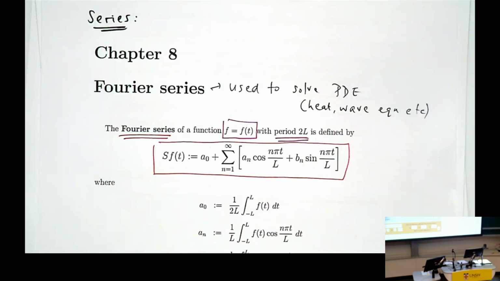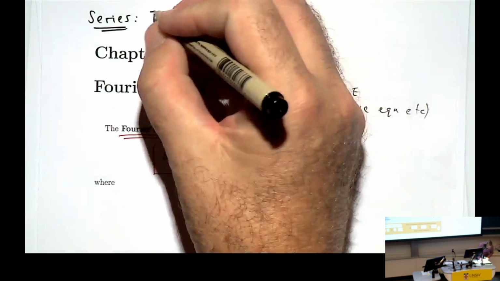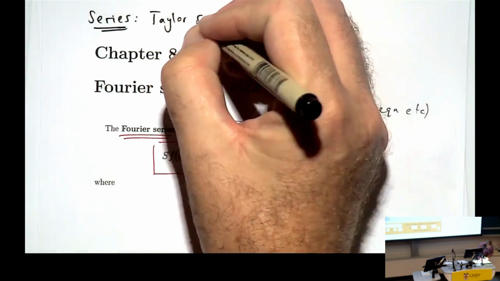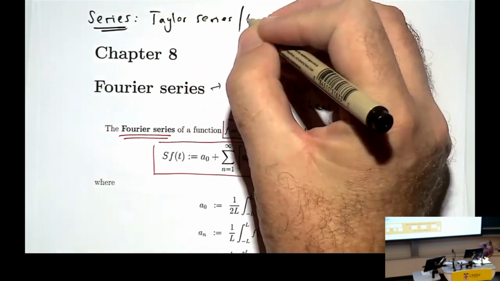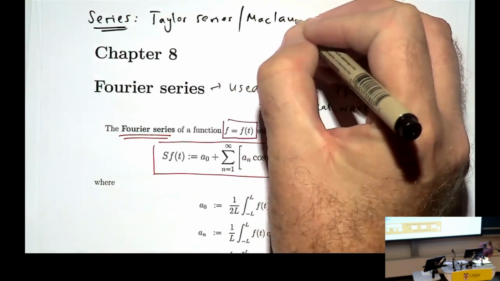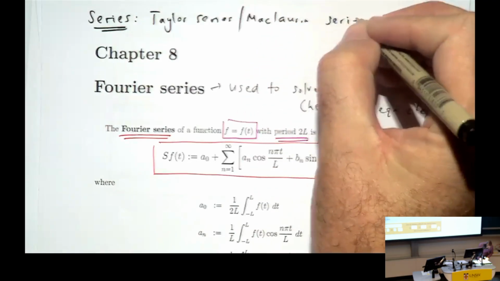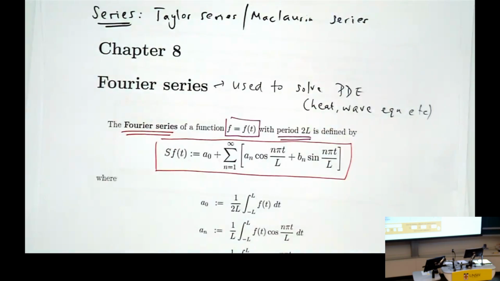So we know from Math 1231, Math 1241, Taylor series, Maclaurin series. What about if we go back to school, way back? What's a series that you see at school?